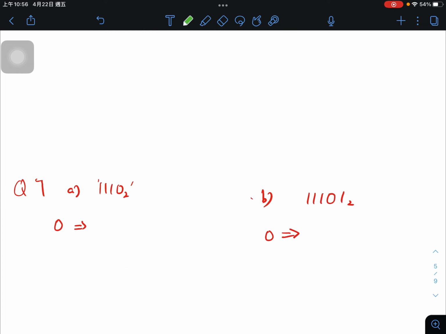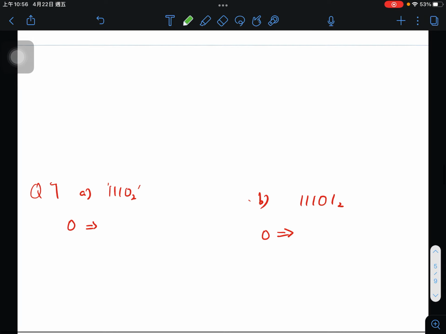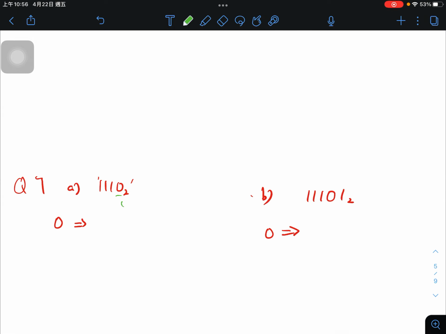Then we move to question number 7. And also in the binary system, just like the decimal system, we talk about the place value. I will just write down the numbers from right to left, starting from, sorry, not 1.